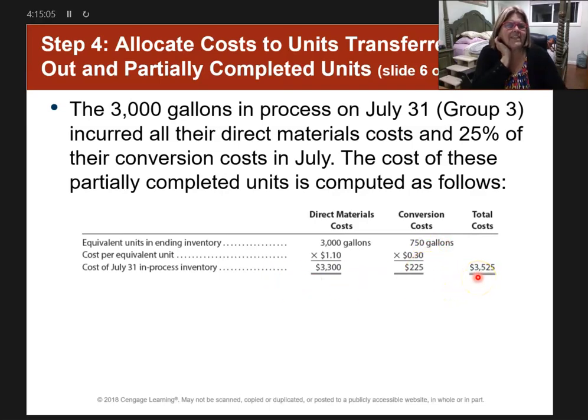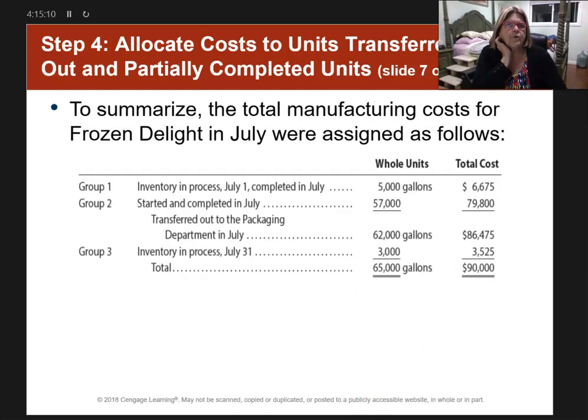And there's my ending cost for group number 3. So when I pull them all together, here's what I'm looking at. Here's the units, here's the dollar amounts. Okay, so this is how total manufacturing costs in July were assigned, how they were broken into group 1, group 2, group 3.